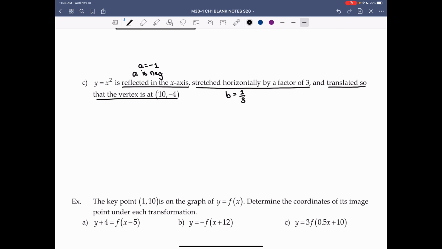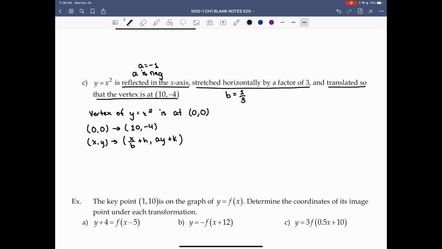We know that the vertex of y equals x squared is at 0, 0. And we know that that point is going to be mapped to 10, negative 4 on our transformed function. So how do we get there? Well, a point x, y on the original function would become the point x divided by b plus h, and a times y plus k.